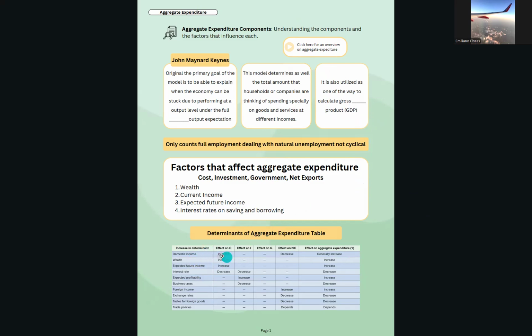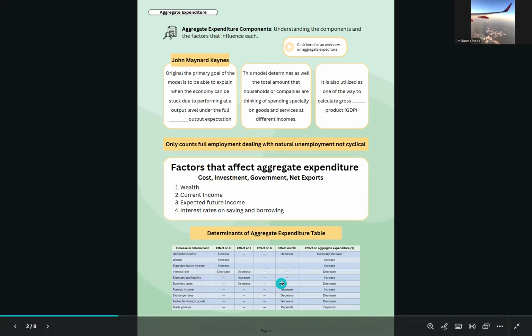As well, with wealth, we see an increase in consumption, and a general increase in aggregate expenditure. For expected future income, we see an increase in consumption, with no change in investment, government, or net imports.